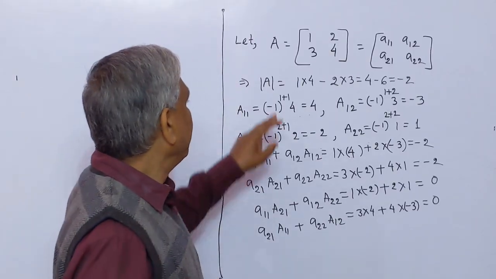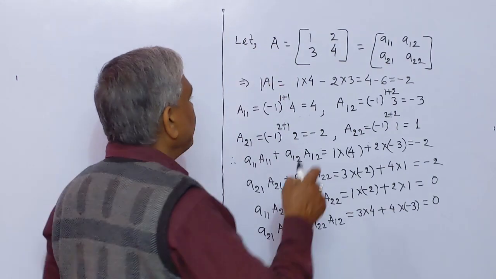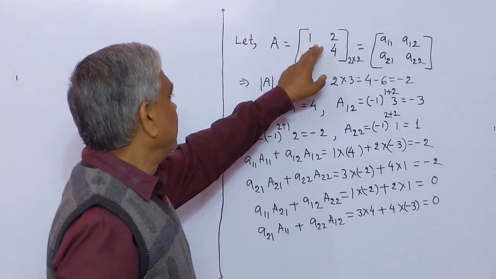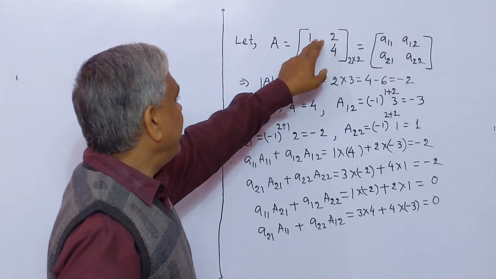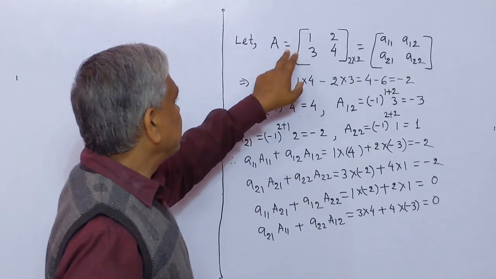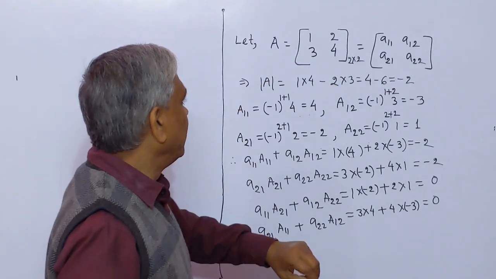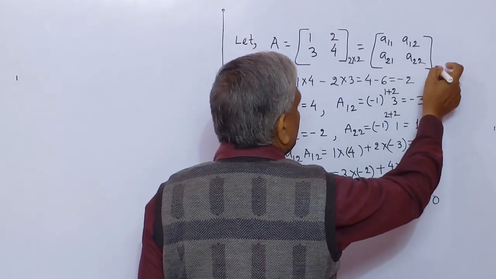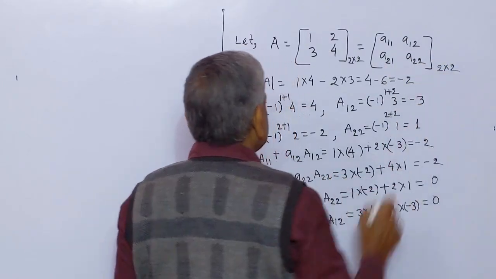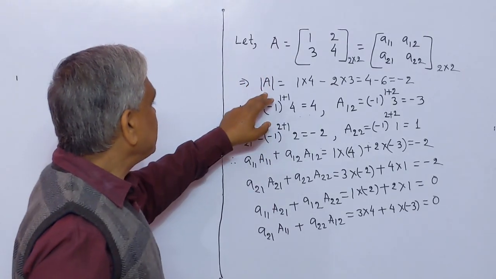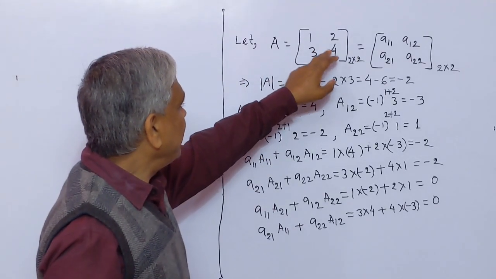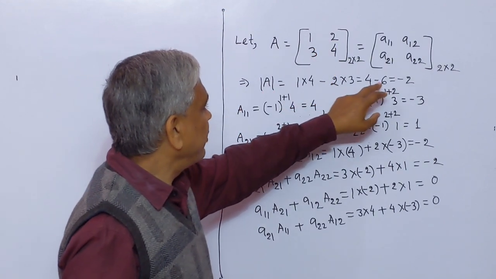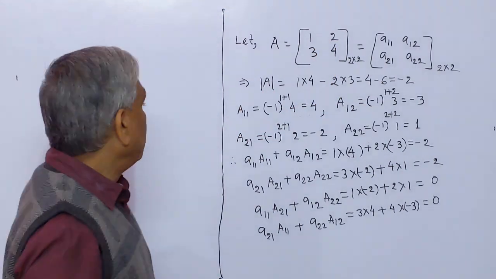Let A be a matrix. This is 2 by 2 matrix. Here in the first row we have numbers 1, 2. In the second row 3, 4. We may write this as A11, A12, A21, A22. Determinant of this matrix is 1 multiply 4 minus 2 multiply 3 equal to 4 minus 6 equal to minus 2.